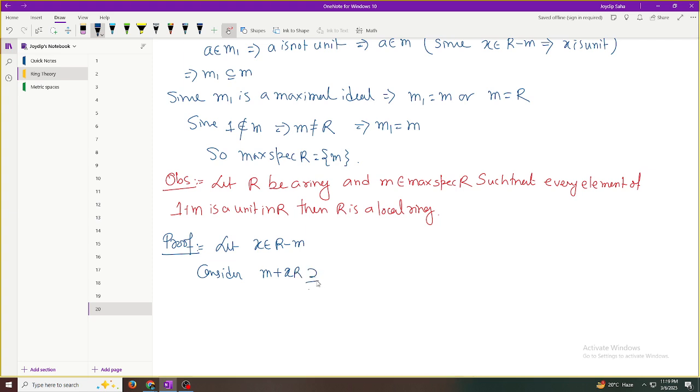That strictly contains M, as x does not belong to M, but x belongs to M plus xR, because 0 plus x times 1. This is an ideal, I plus J ideal, you know that.